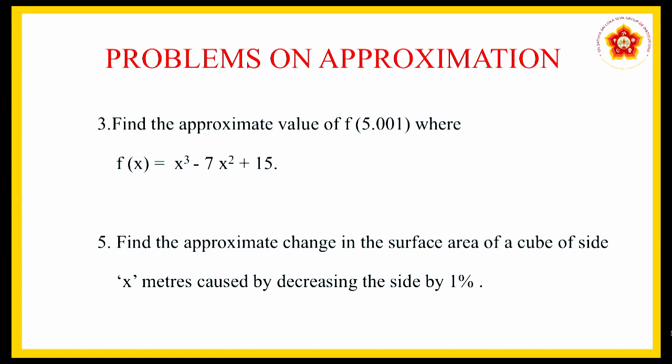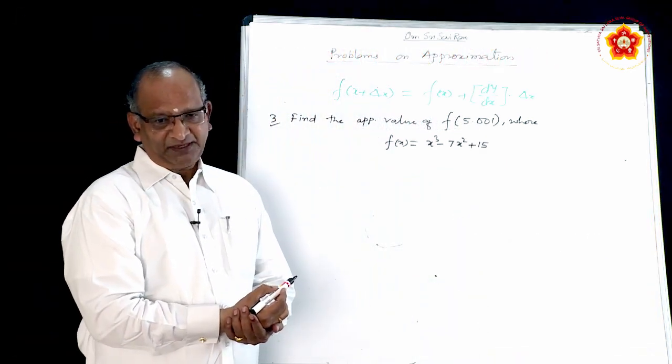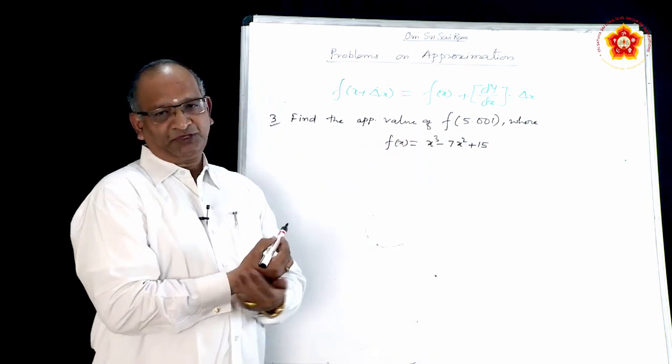Find the approximate value of f of 5.001, where f of x is equal to x cube minus 7x square plus 15. He has given the function and he is asking us to find out the approximate value of f of 5.001.